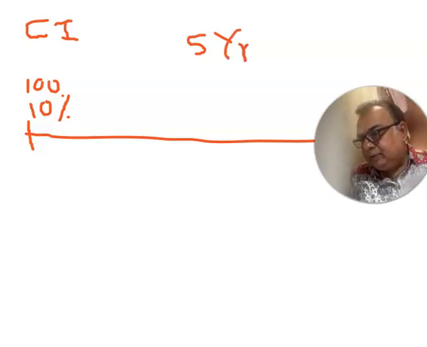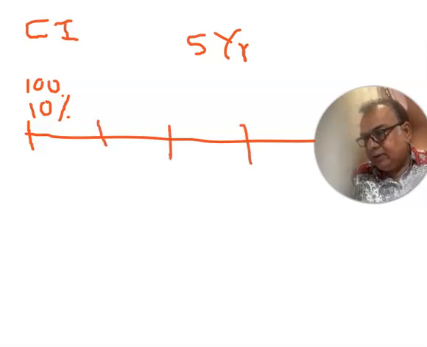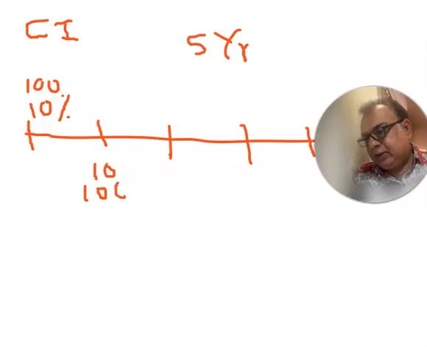So every year, first, second, third, fourth, fifth. With the compound interest formula calculation, the first year you will get 10 rupees. For the next year, you calculate the interest, then you add this to the 100 rupees. Next year, interest is calculated on the principal amount and the previous year's interest earned.